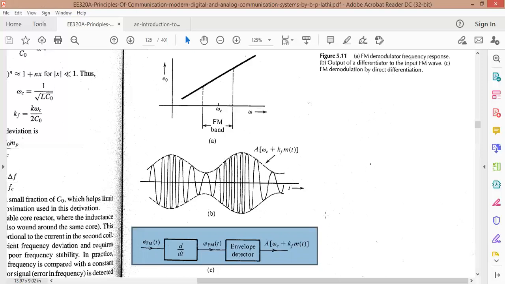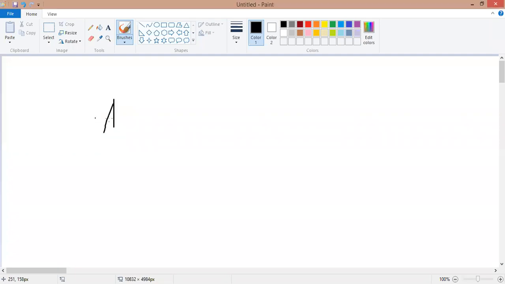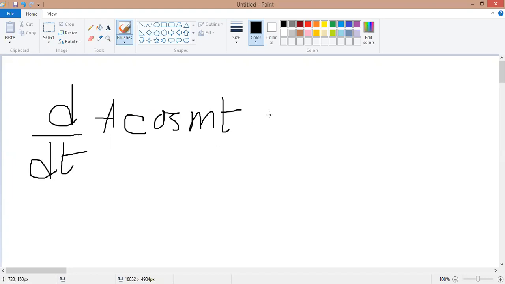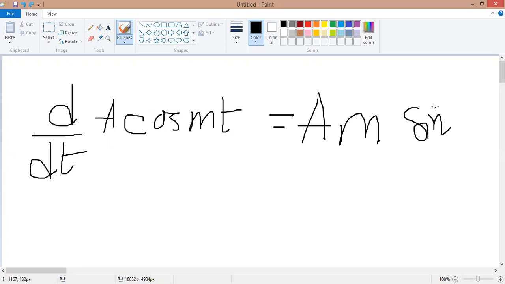When I have a certain signal, the most important thing is A cosine mt. After differentiation with respect to t, we will get the signal as A m into sine mt. Sorry, very sorry, sine mt. And obviously there is a sign change due to the cosine function, so it is obtained as minus A m sine mt.